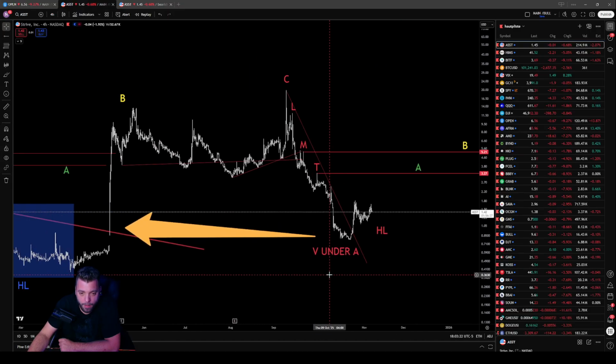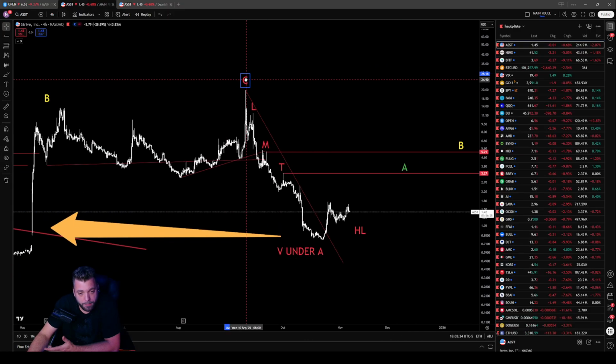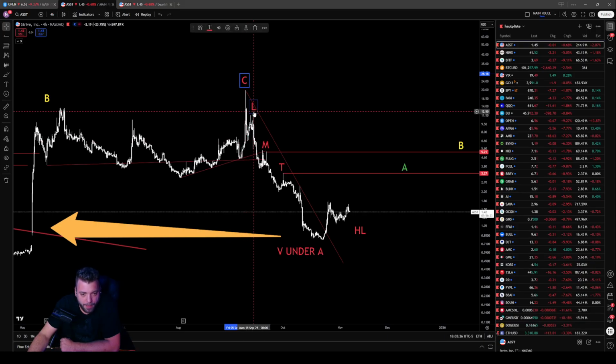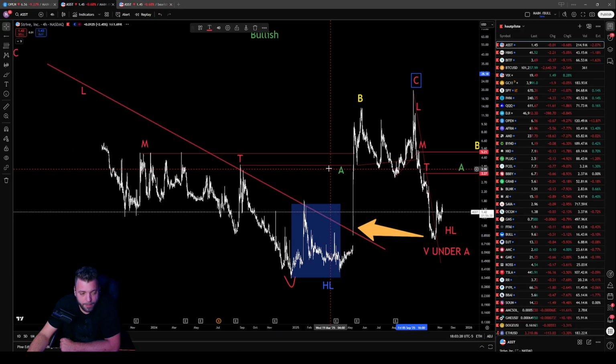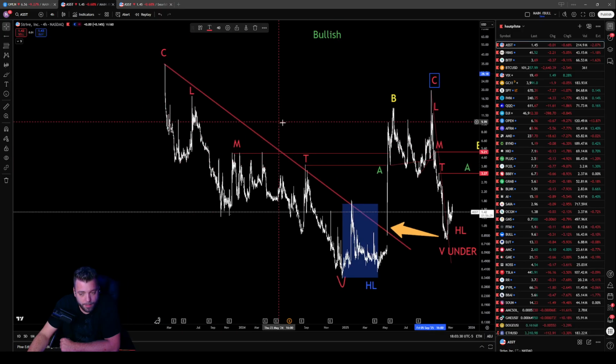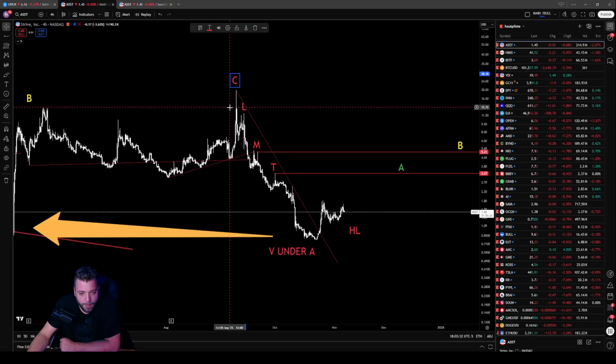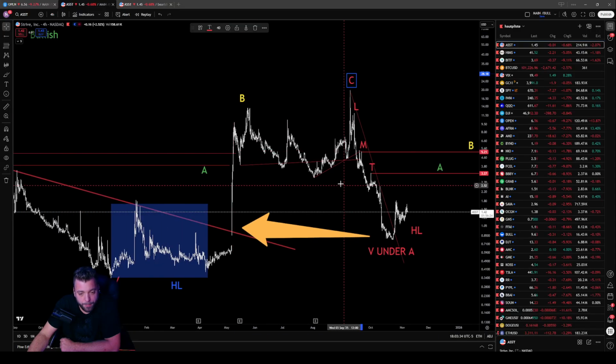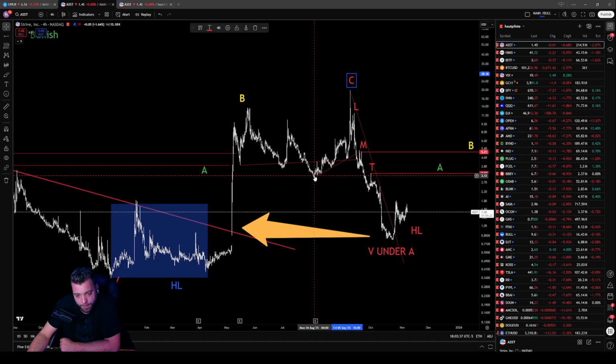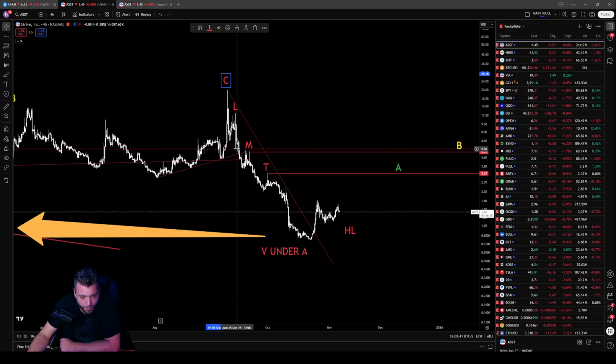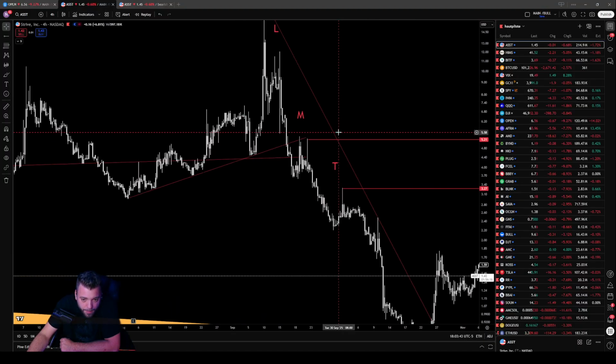Here, you did clearly a C peak, then your lower high. You could compare this lower high to this lower high. Then your M, perfectly attaching it to the bottom of B, where you bounce. Here you broke, maybe a little bit bigger.